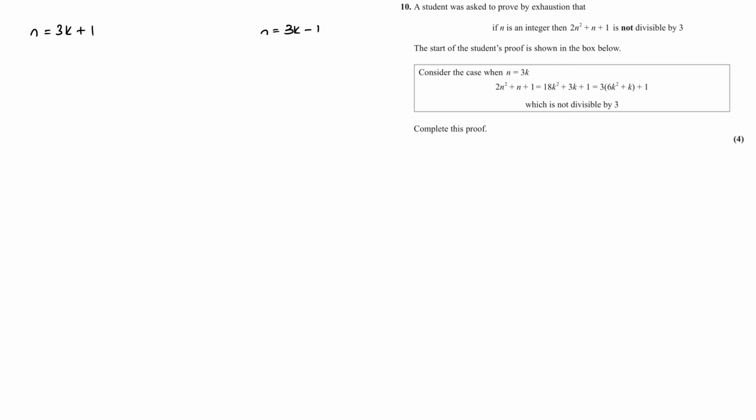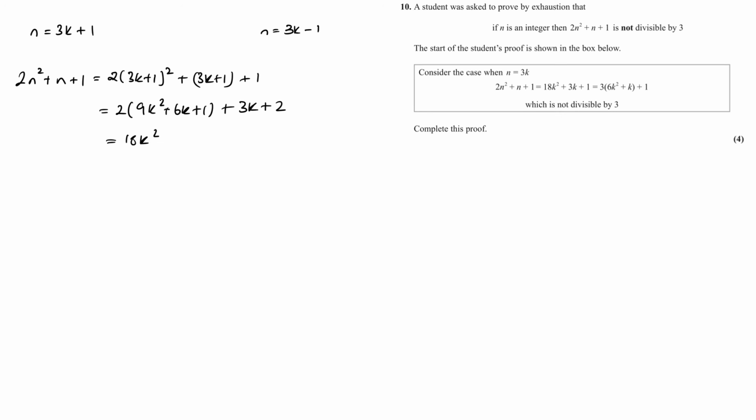So 2n squared plus n plus 1 would become 2 times (3k plus 1) squared plus 3k plus 1 plus 1. So that is 2 times 9k squared plus 6k plus 1, plus 3k plus 2. 18k squared plus 12k plus 2, plus 3k plus 2.